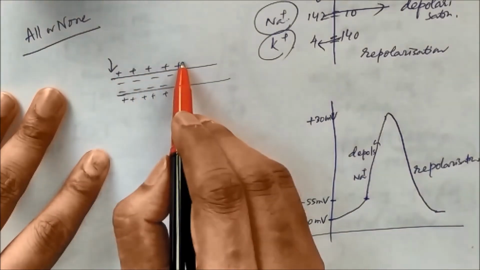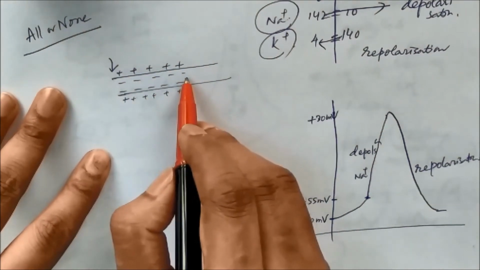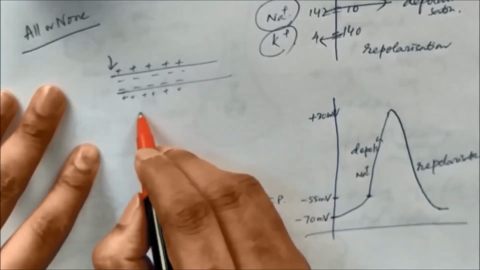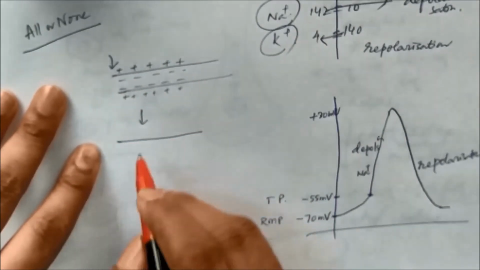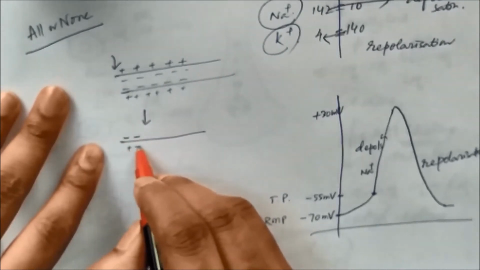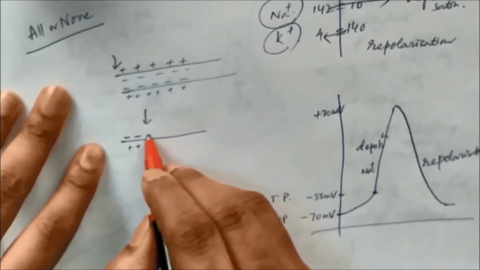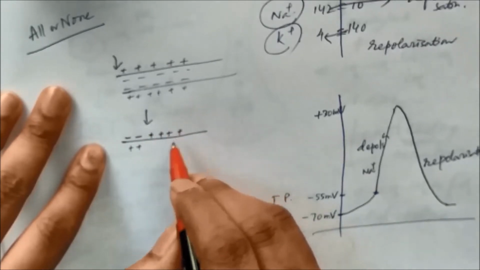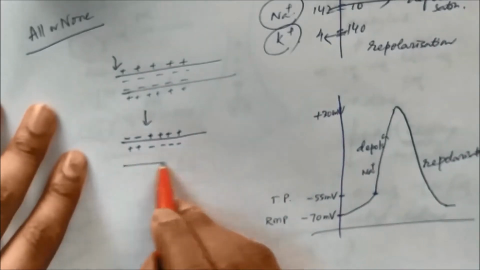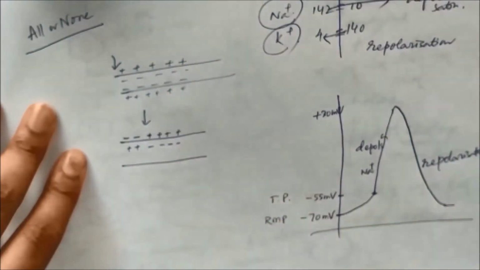Outside it is electropositive and inside it is electronegative. When the impulse comes, sodium enters, so this way there will be the change, and then similarly for the next membrane segment.